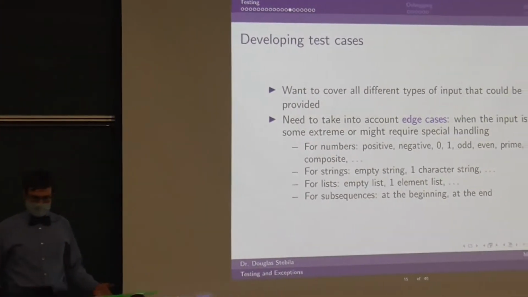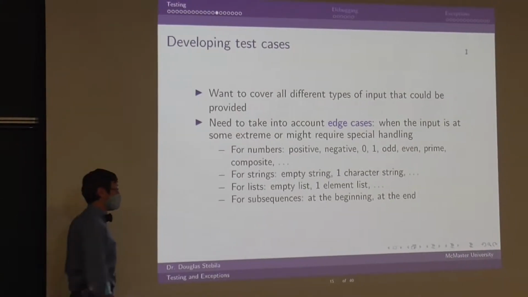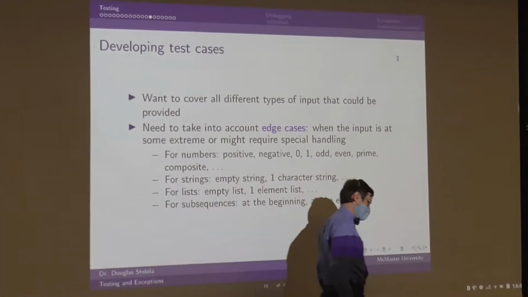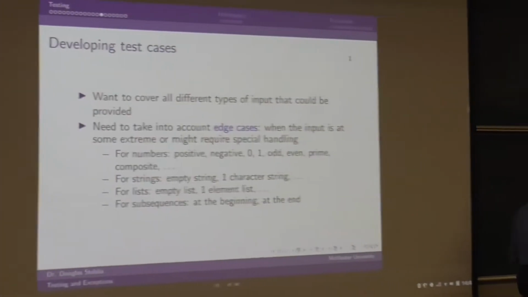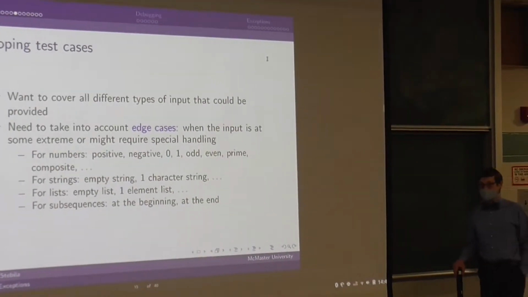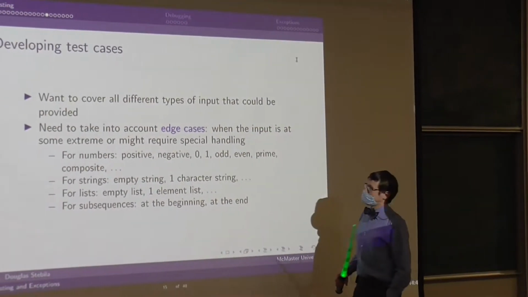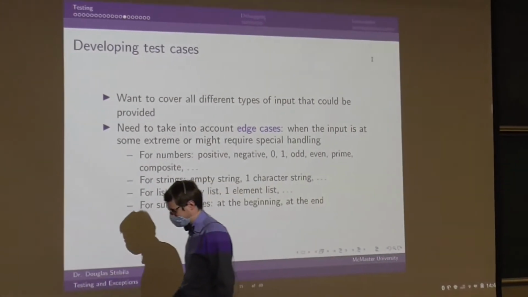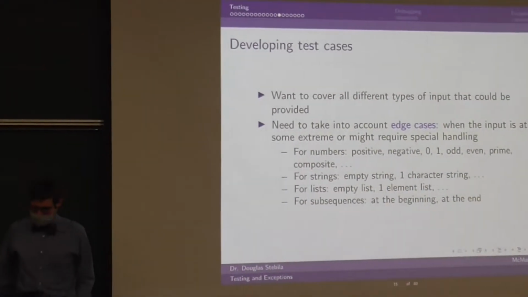So we've talked a lot about what different types of test cases are, without yet providing much guidance on how to actually write them. So this is a slide on how to actually write test cases that might be useful.